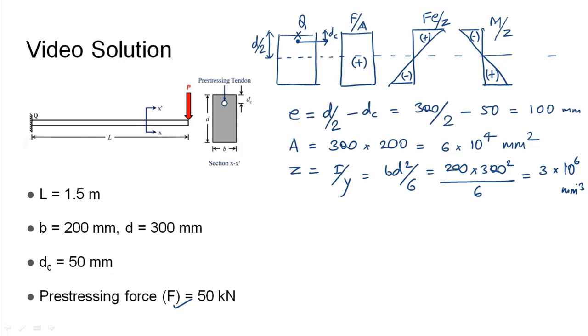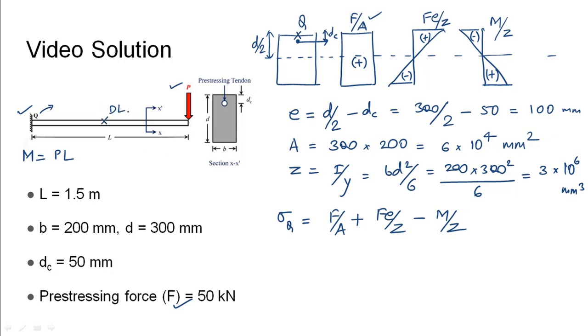mm cube. So since we need the stress at the top point Q, the stress at Q will be the first force, that is F by A. The second component would be Fe by Z, which is also positive, and the third will be due to the moment, that is M by Z. In this case, the moment would be P into L. Since the question has not mentioned the density of concrete, we cannot consider the weight of the beam for the dead load.